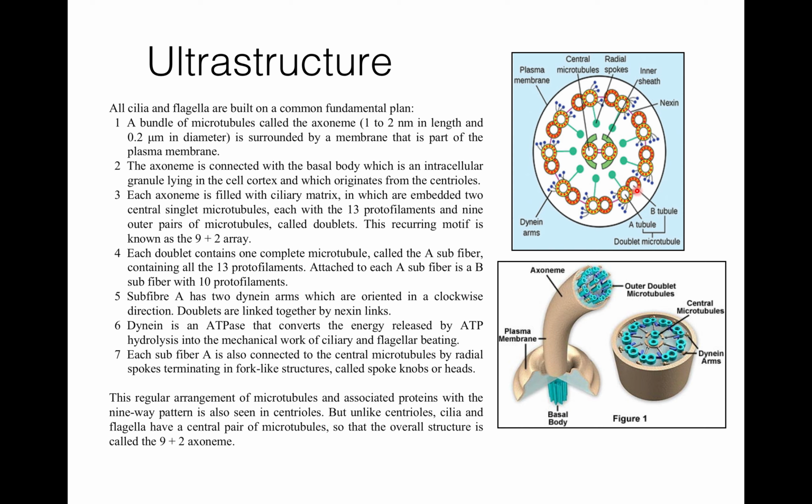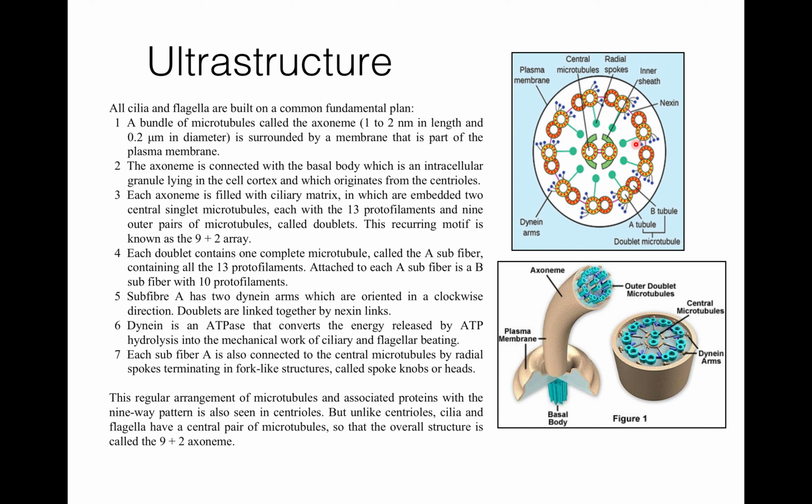Now the B subtubule is slightly outer in position and is formed of 10 globular protein molecules, that is protofilaments. So here 13 protofilaments, here also 13 protofilaments, and here 10 protofilaments.